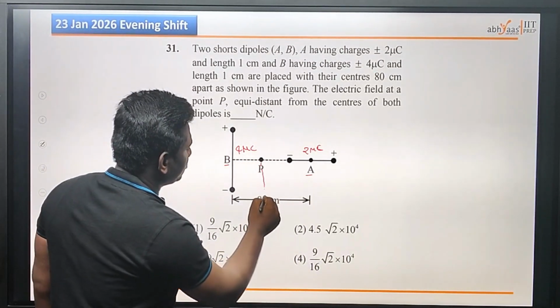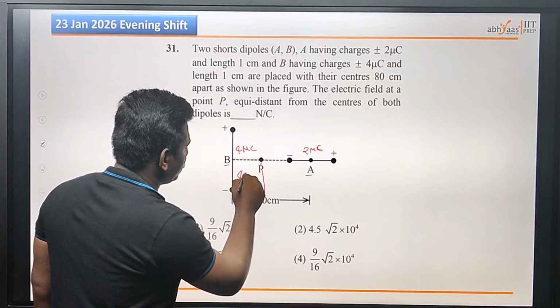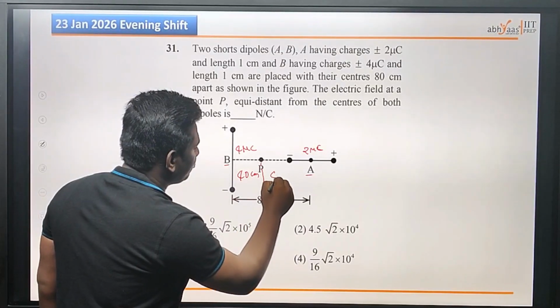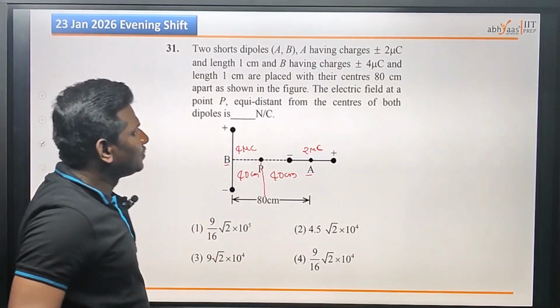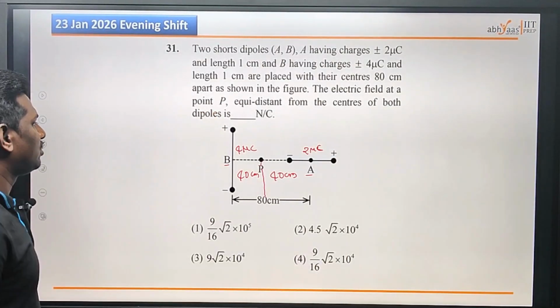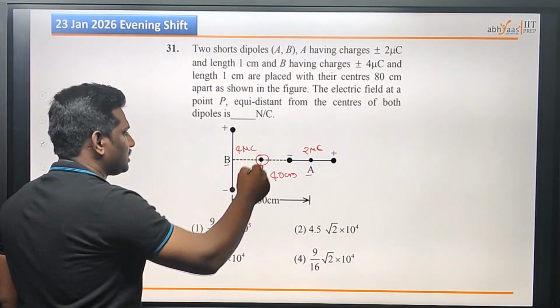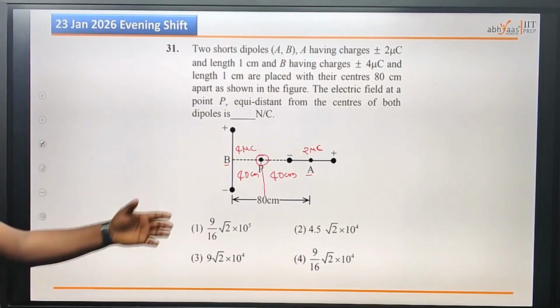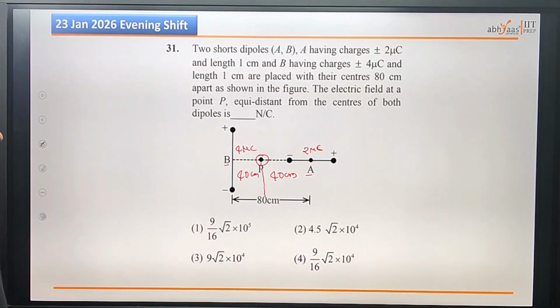Okay, this is 80, you are having 40 here and 40. As shown in figure, to find the electric field at point P equidistant from the center of the dipoles.